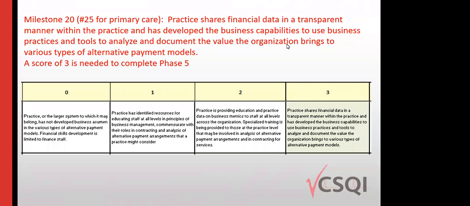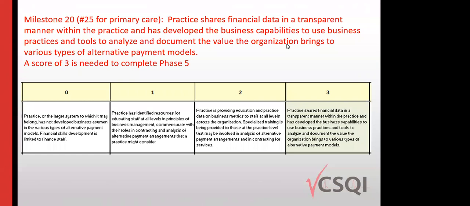In addition, one of the key goals of the Transforming Clinical Practice initiative that you are all a part of is to prepare you to become part of an alternative payment model, a truly value-based practice, high quality, low cost, patient and family-centered care.